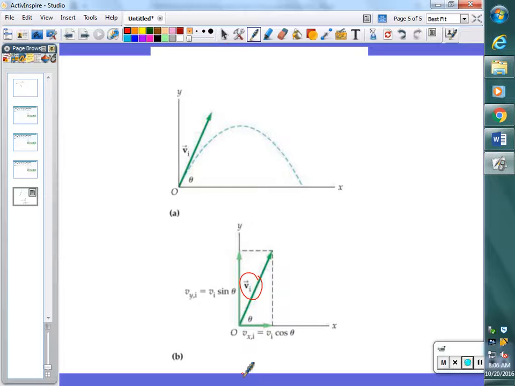But, as we discussed with displacements a little earlier in the last unit, if we're traveling in a northwesterly direction, we're really doing two things at once. We're traveling north, and we're traveling west simultaneously. Is that good? Okay.